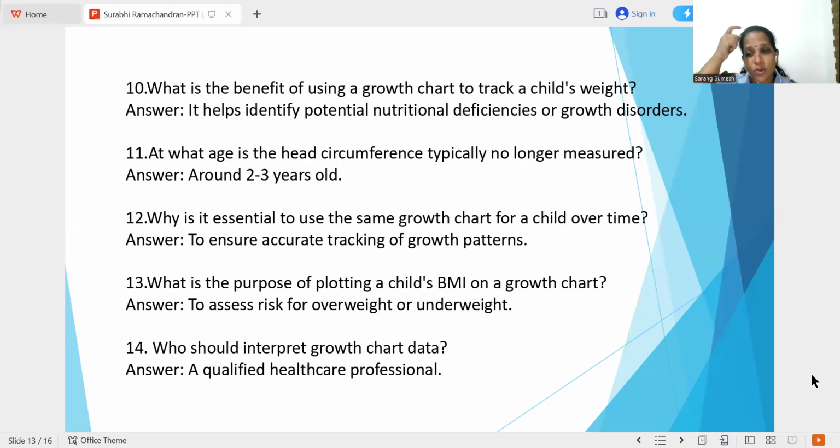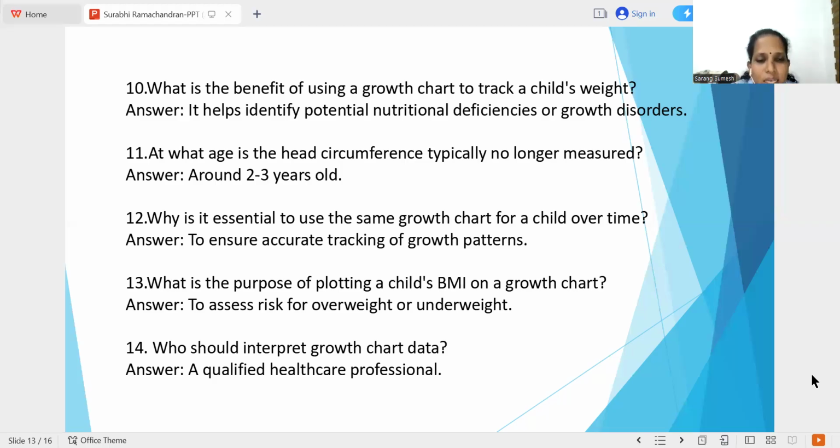The anterior fontanelle closes at 2 months in some cases and the posterior fontanelle closes at 18 months; maximum we can wait for 2 years. So after 2 years, usually we are not measuring the head circumference. Only if there are any changes do we have to measure.